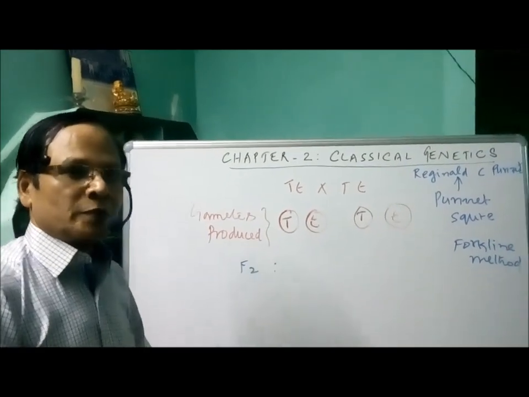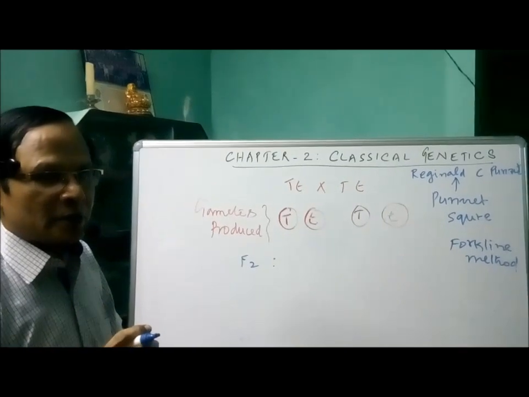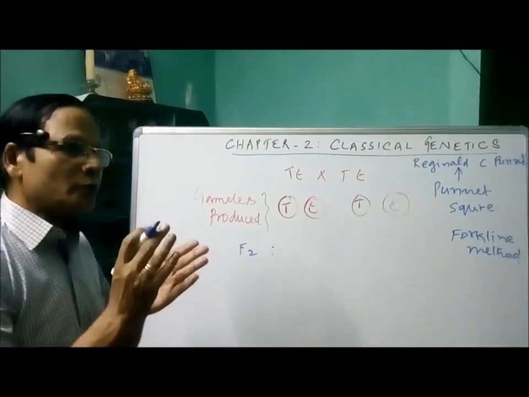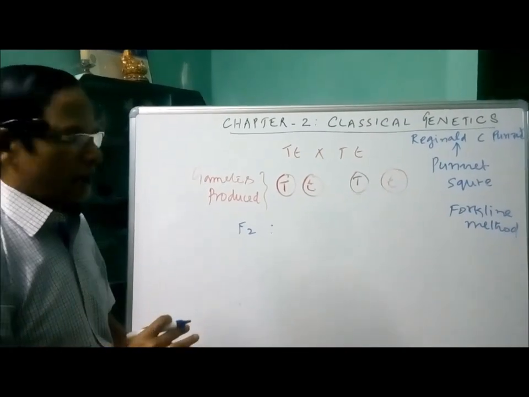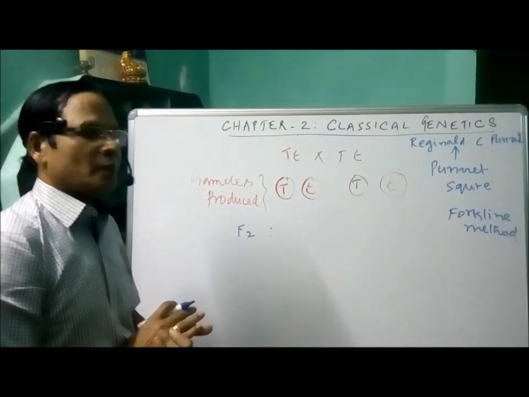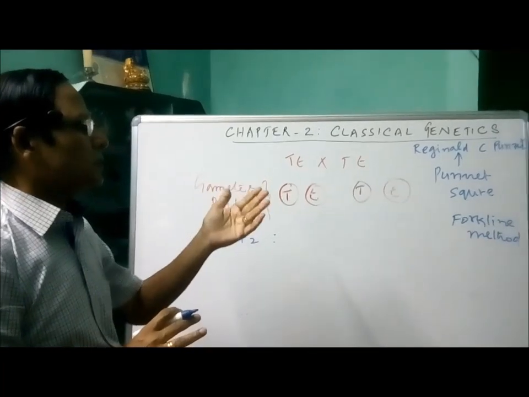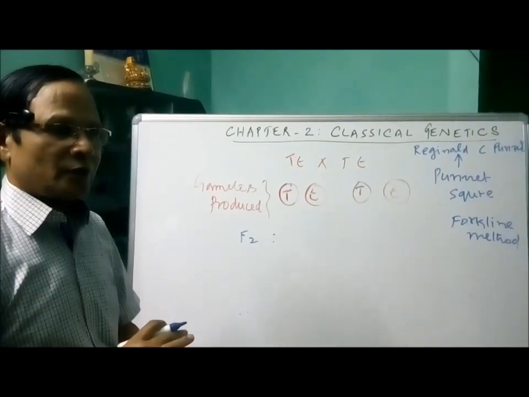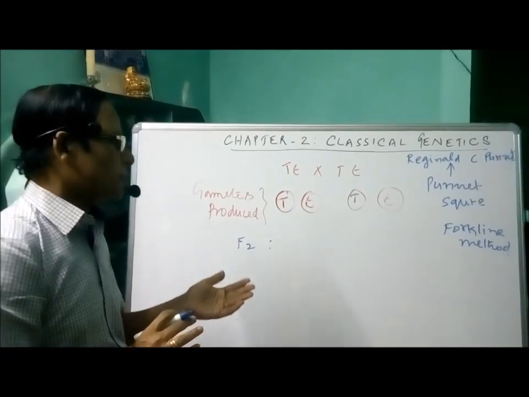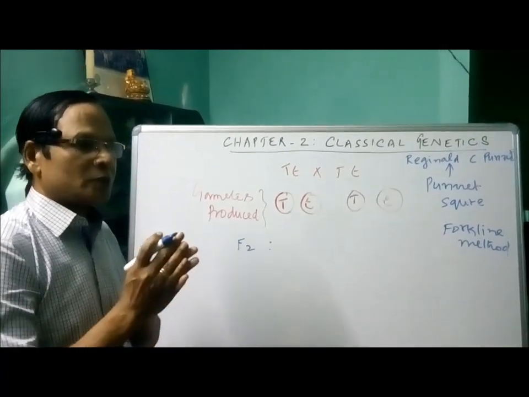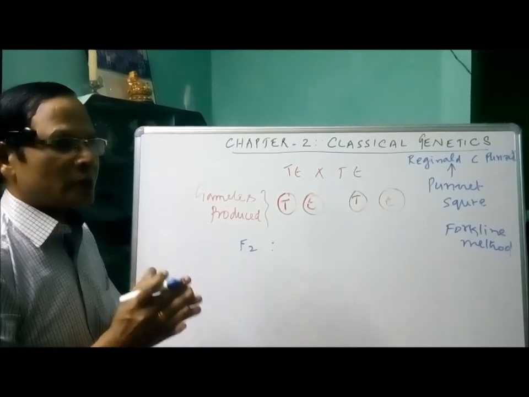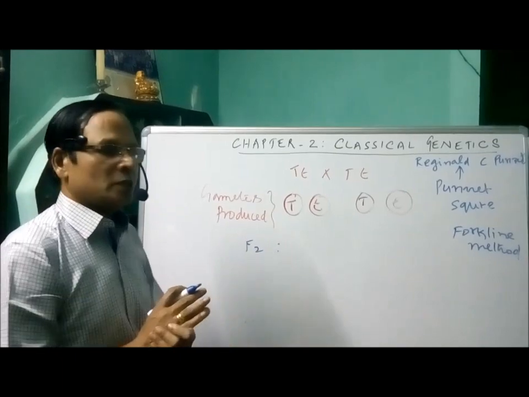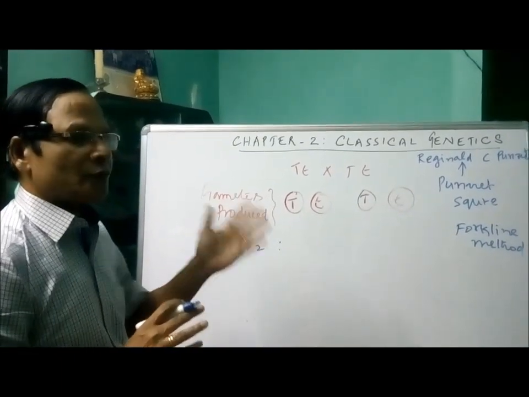It is a graphical representation to calculate the genotypes, the possibility and probability of the genotypes in the progeny with reference to a particular trait. You can calculate the probability and possibility of genotypes of the offspring, by which one can find out the genotypes and phenotypes.